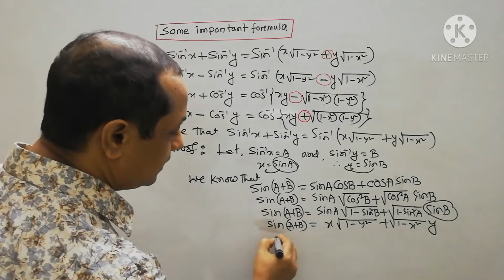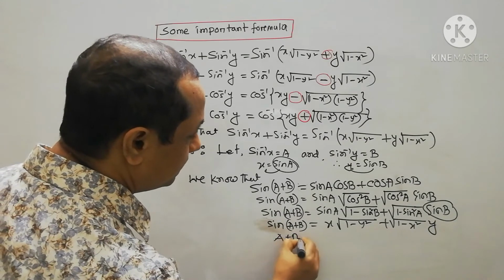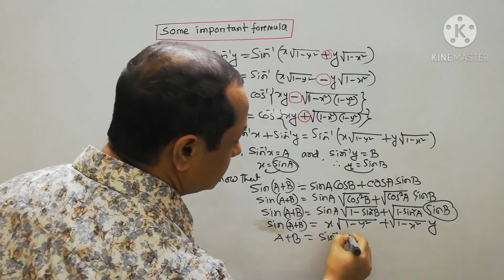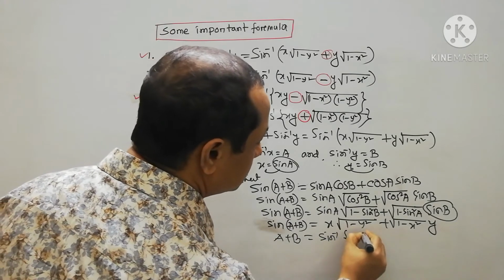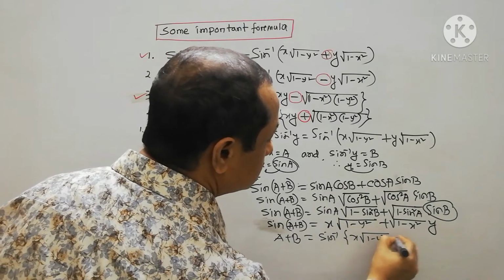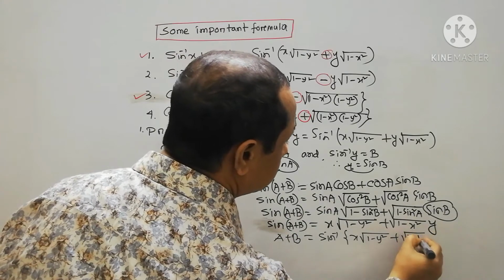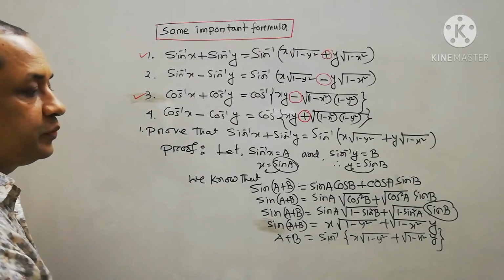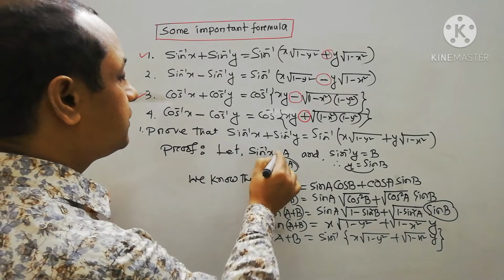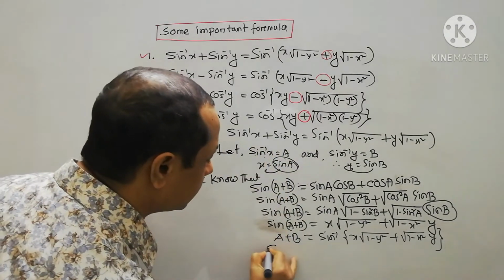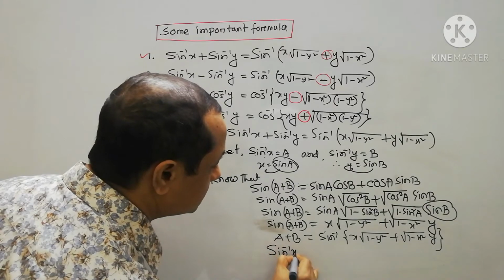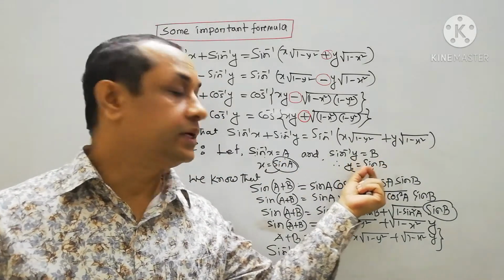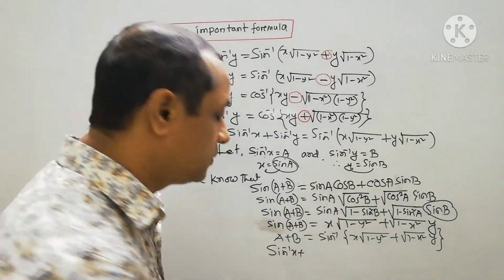Now a plus b equals sin inverse of x root over 1 minus y square plus y root over 1 minus x square. Now putting the value of a equals sin inverse x, and b equals sin inverse y.